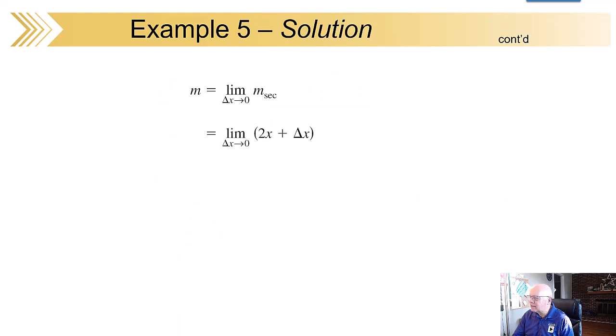The limit of that, as h approaches 0, the h is going to be essentially 0 as we get close enough. So the general slope, the slope anywhere on that curve, remember the curve was x squared plus 1, the slope anywhere on that is 2x.